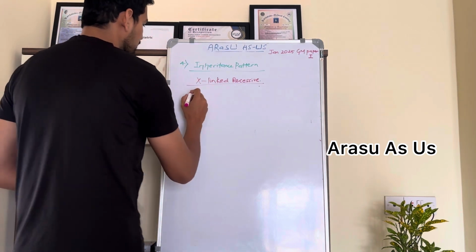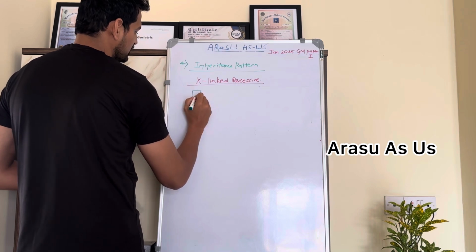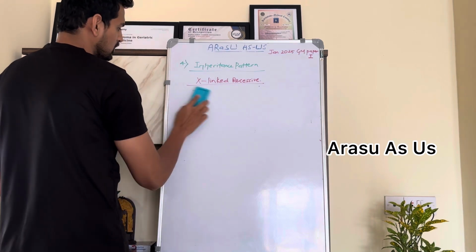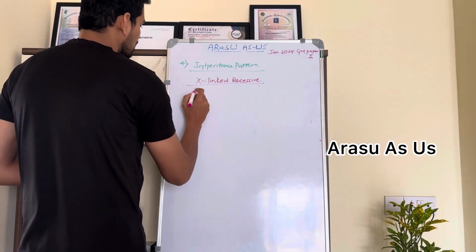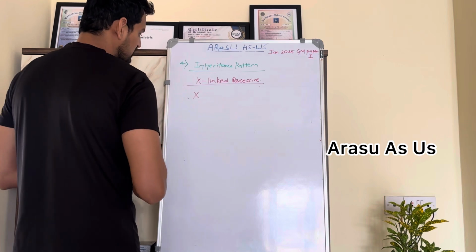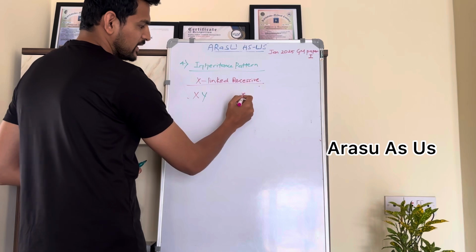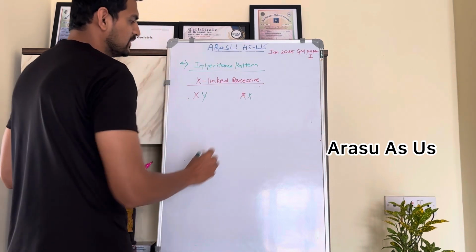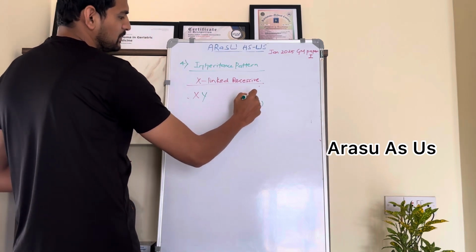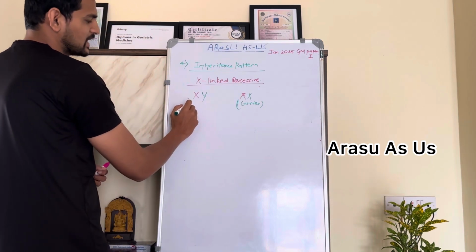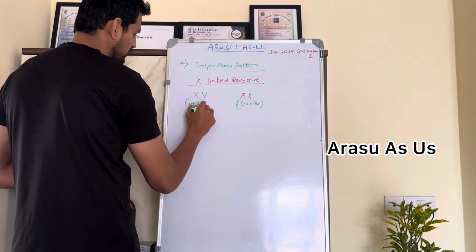So here we can see that, suppose in males, if the disorder is running in the family, always males will definitely be manifesting the disease, whereas for females, suppose only one X chromosome is affected and the other one is fine, then the female will be a carrier. So disease will not be manifested here. But in males, only one is required for the disease to be manifested. So here it will be affected.